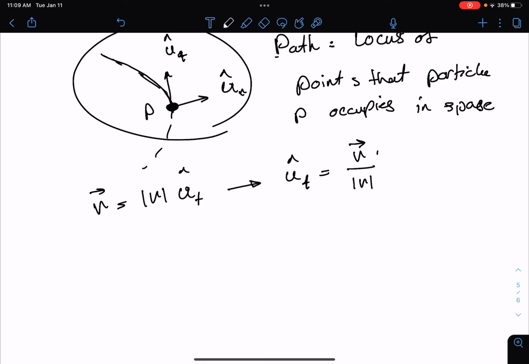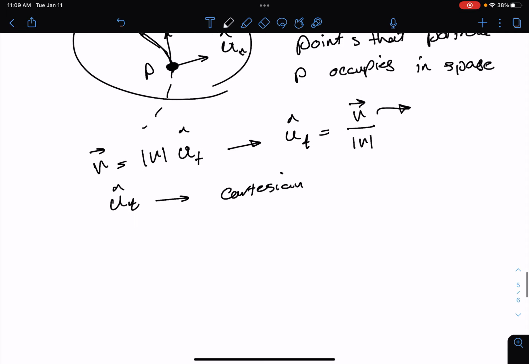Which essentially means that if you have this velocity vector in a Cartesian coordinate system, you can find this tangential unit vector in the Cartesian coordinate system, based on a different frame of reference. Does this make sense? Okay.